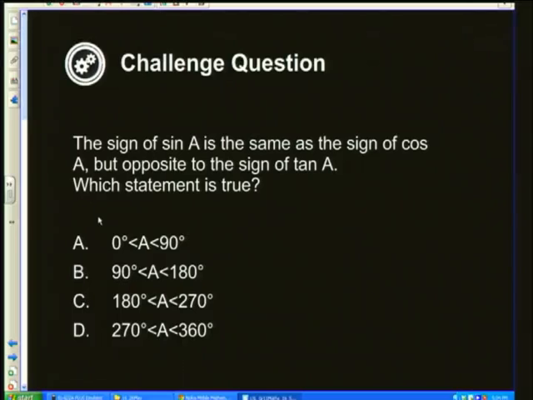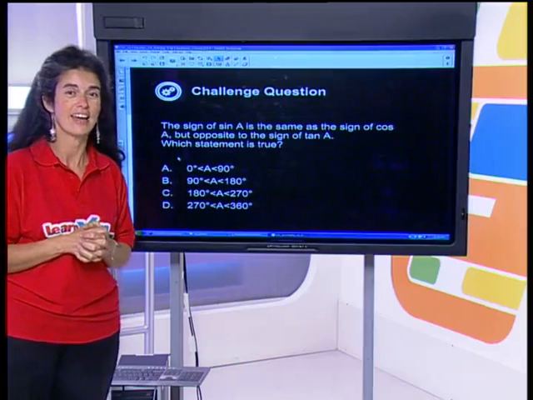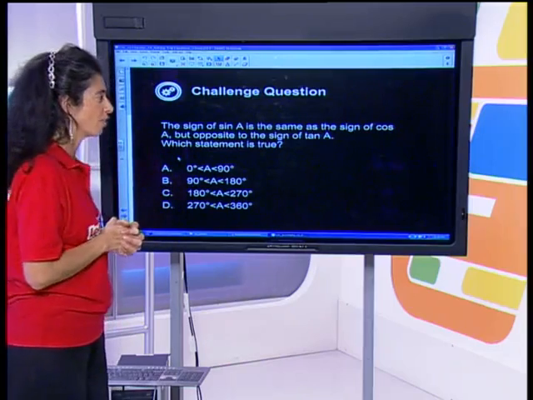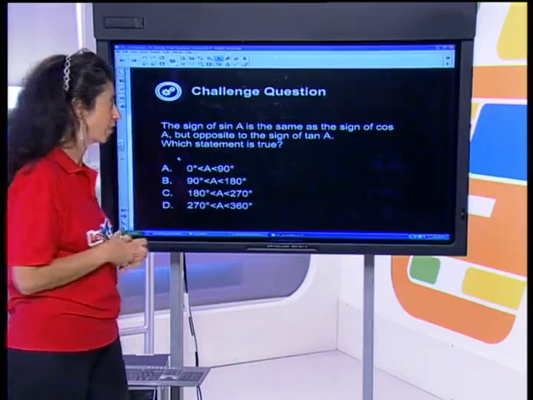So I'll leave you to reason this one out and see what you can do with it, and we will look at the end of the show if you have been able to get it.